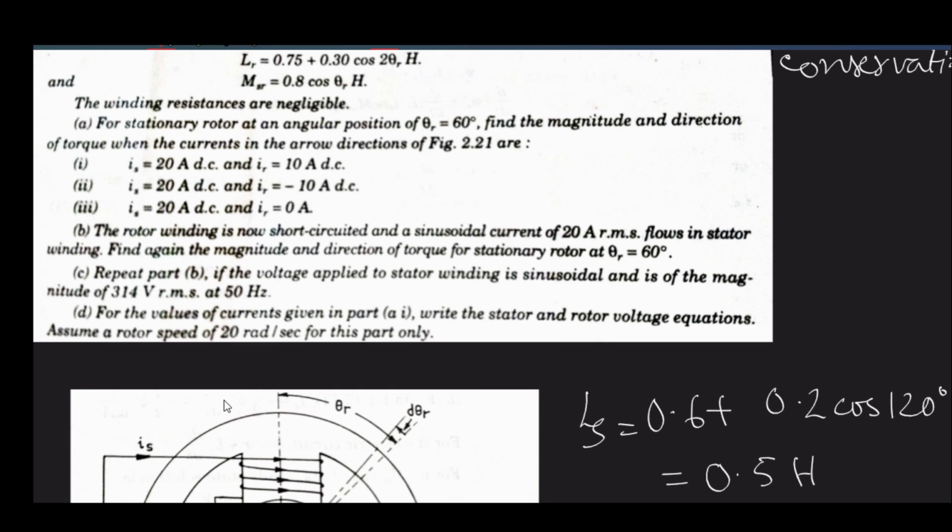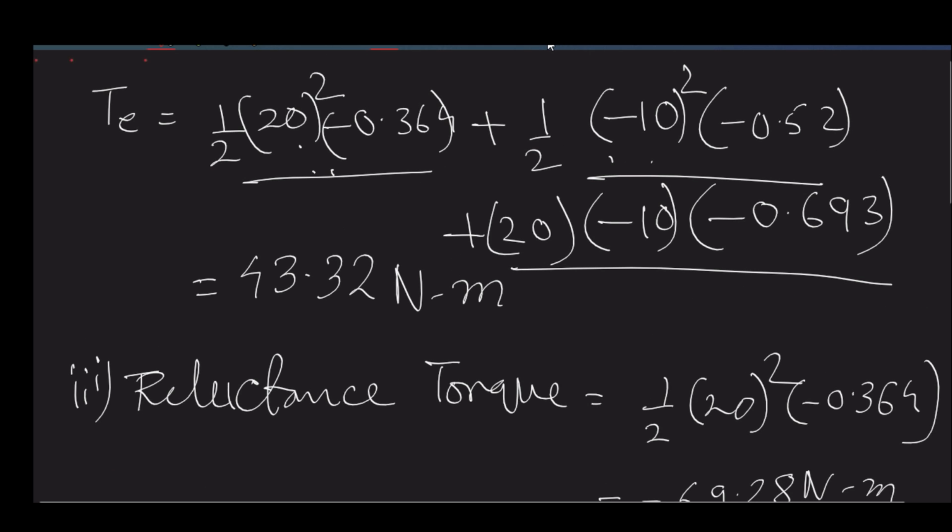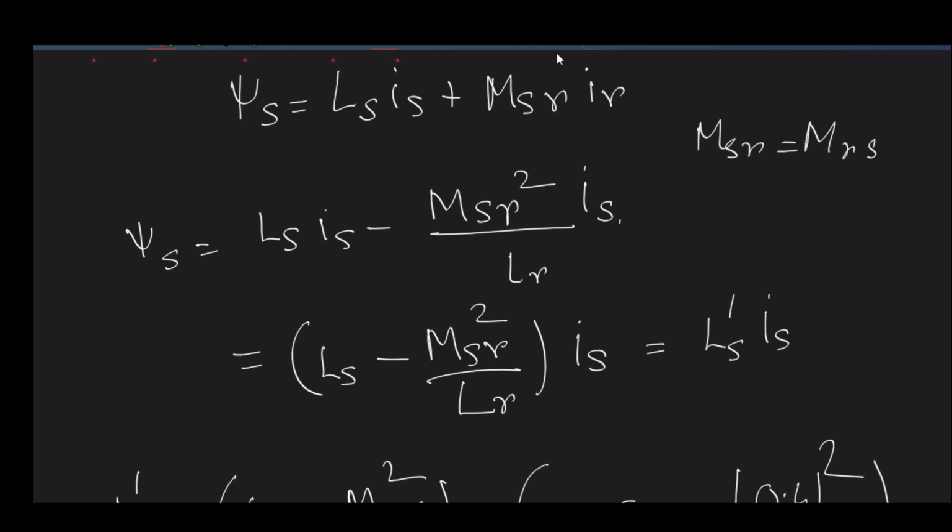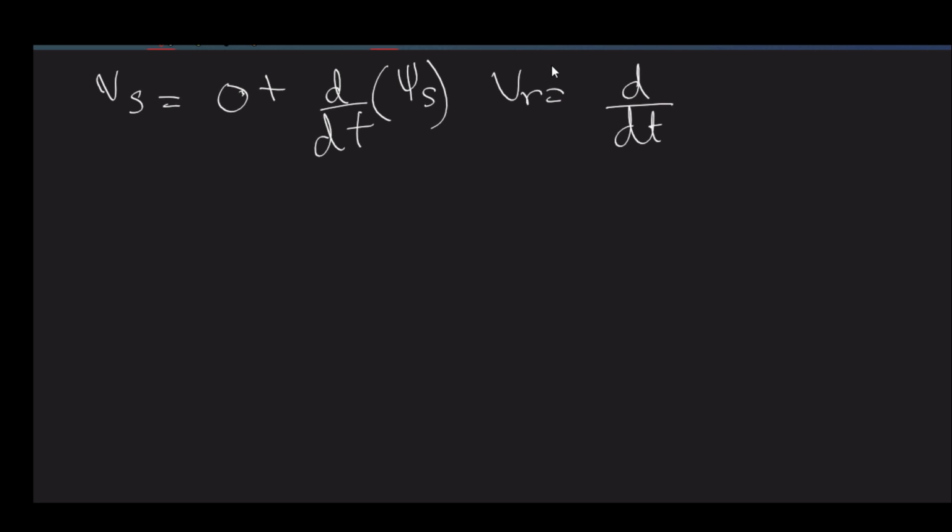So what you will get here for the last part, this one D, where you can write Vs is equal to, since Rs is 0, the first term is 0 plus d/dt psi s, and similarly Vr is equal to d/dt psi r.